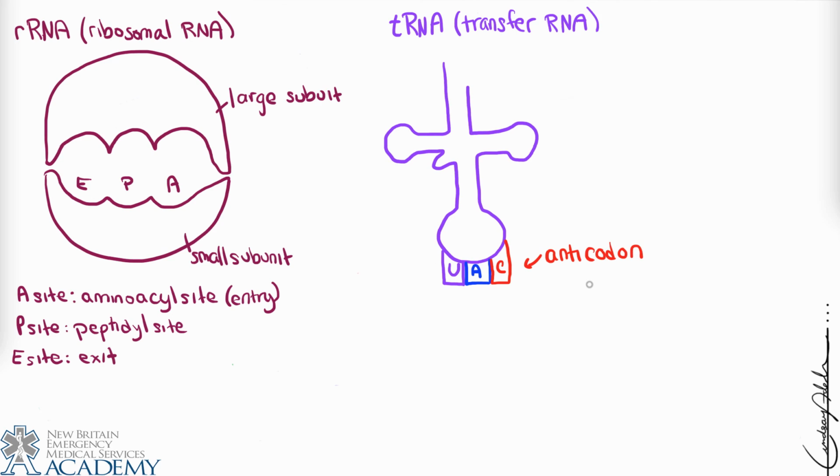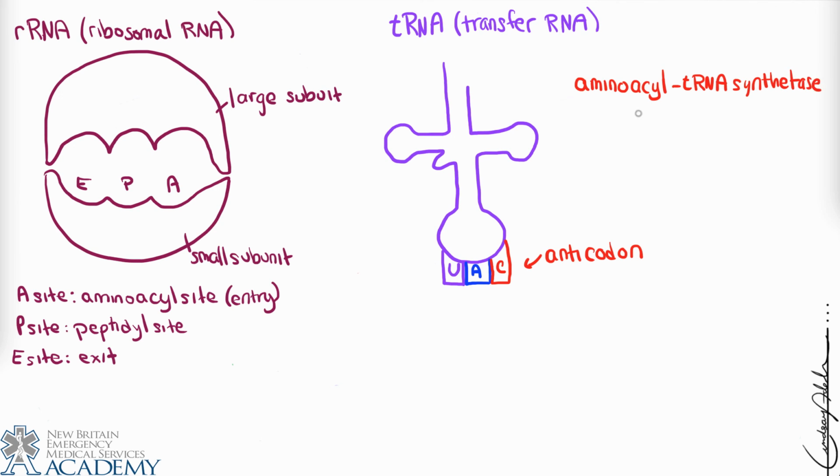So we've already mentioned that we have our codon, it codes for a specific amino acid. So the anticodon's job is to just be opposite of the codon in terms of the letters, and that way we know that whatever letters are here, we're correctly adding the right amino acid to the tRNA.